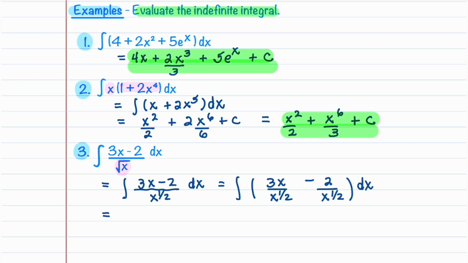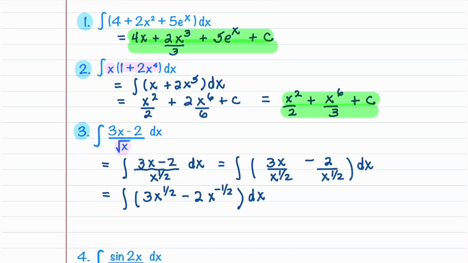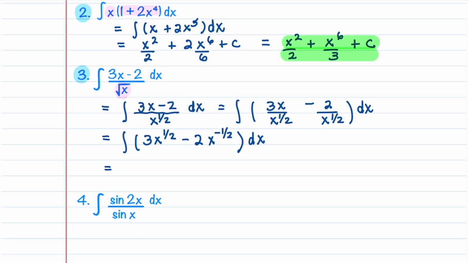And we're going to simplify this before we integrate it. 3x divided by x to the 1/2 is just 3x to the 1/2. And then we subtract 2, and I'm going to rewrite this last one as x to the minus 1/2. That way we can use our formula, x to the n. Now we can go ahead and integrate.